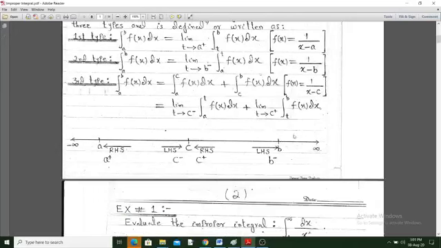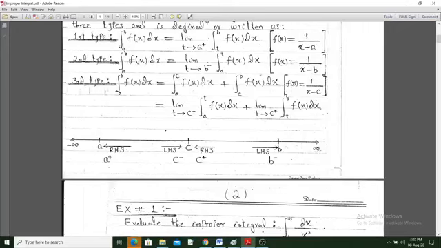In that case, when f of x is infinity at some number c between a and b, we can break this integral at that number, and we write it this way: a to c f of x dx and c to b f of x dx. First of all we break the integral in two parts. Because the function on the upper part is infinity at the upper limit, this is second type.